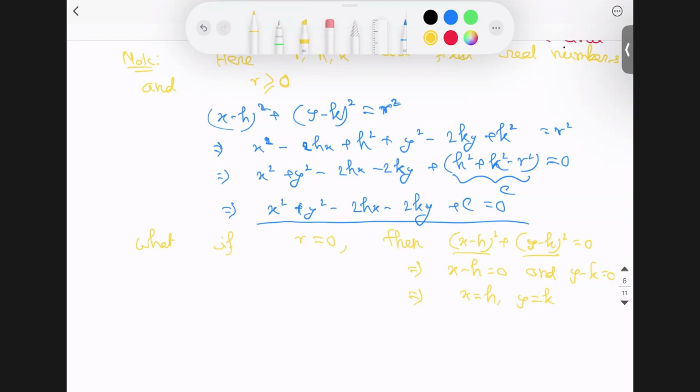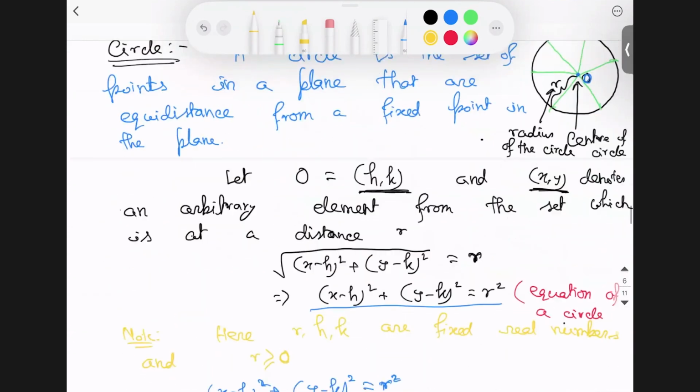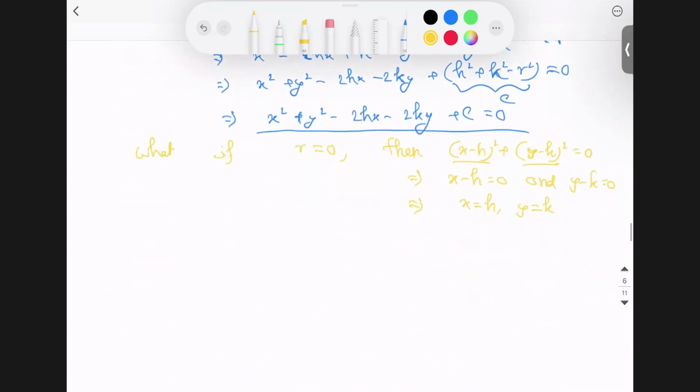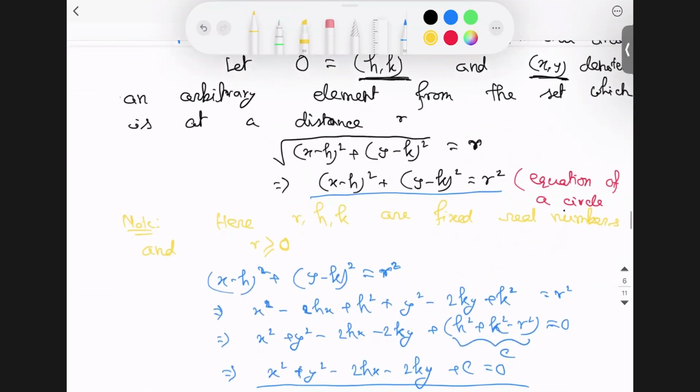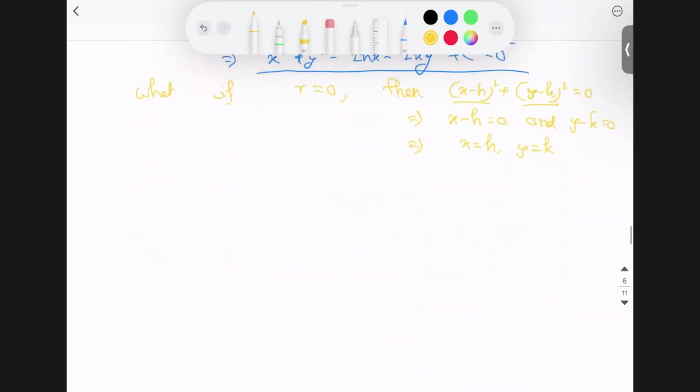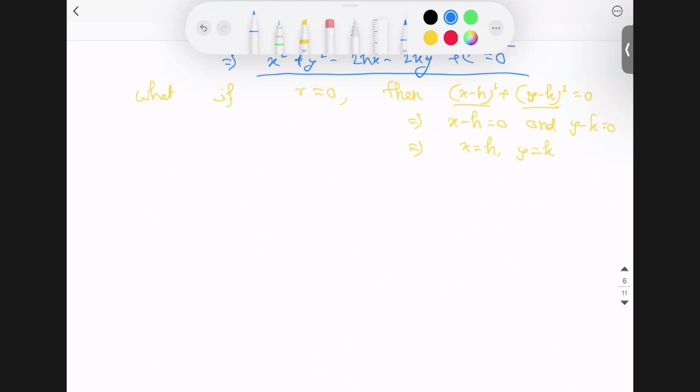Okay, fine. So thus we can get the equation of a circle which is centered at (h, k). Before that, come to the geometrical perspective. Suppose this is our xy plane.